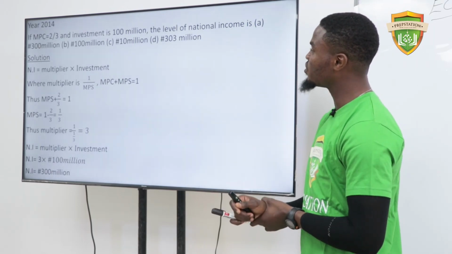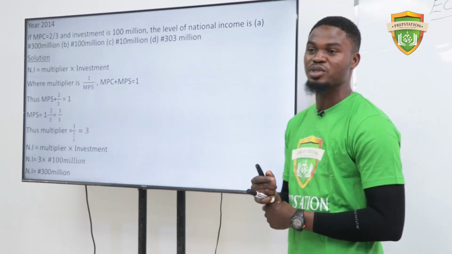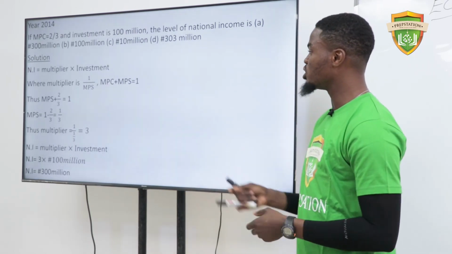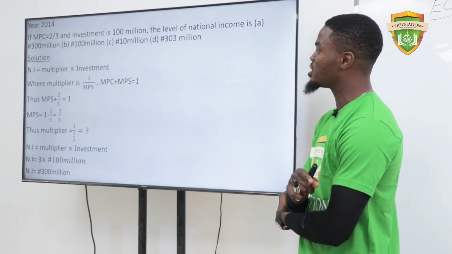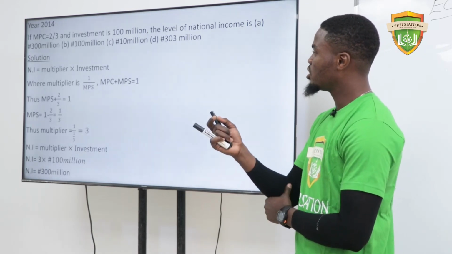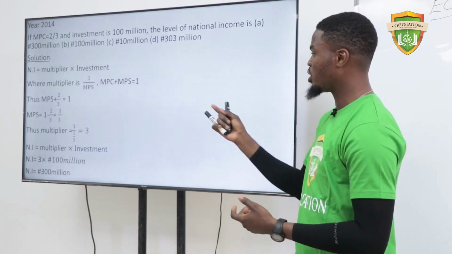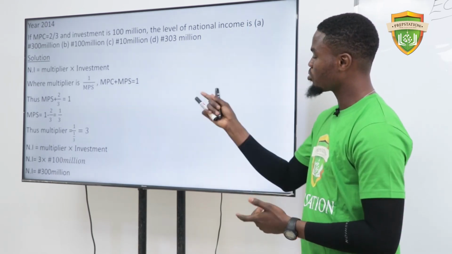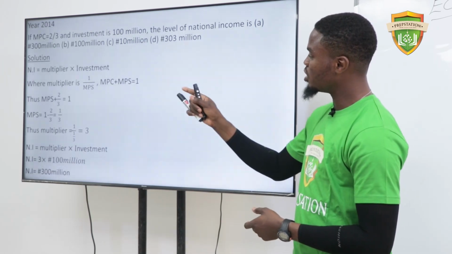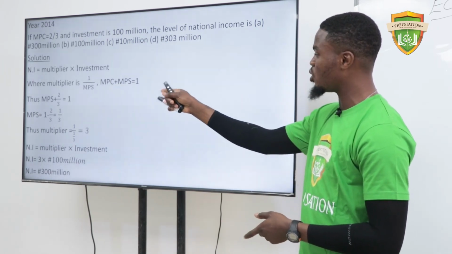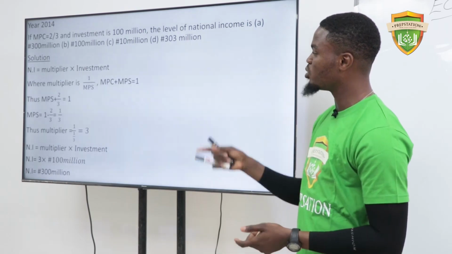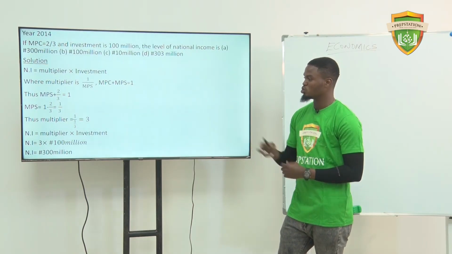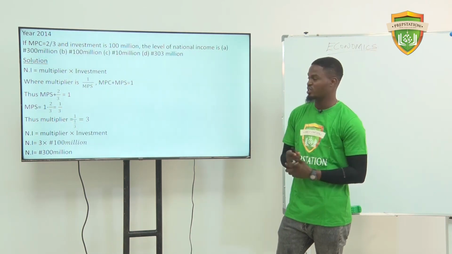So in this question we are given MPC, and we know that the addition of MPC and MPS gives us 1. So what we need to do is subtract the value of MPC from 1 to get our MPS. So we have 1 minus 2/3. So we find the LCM, which is 3. So 3 times 1 will give you 3, and that will be 3 minus 2, which will give you 1 over 3, which is 1/3.